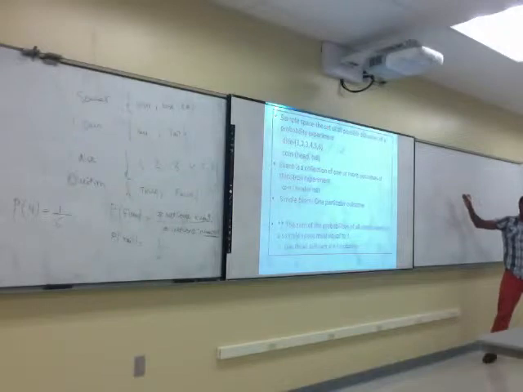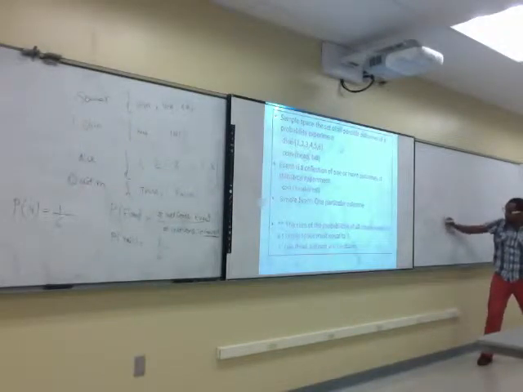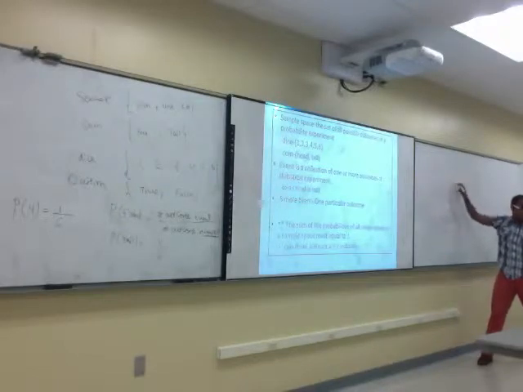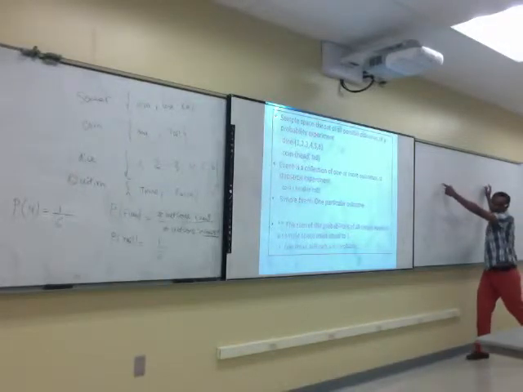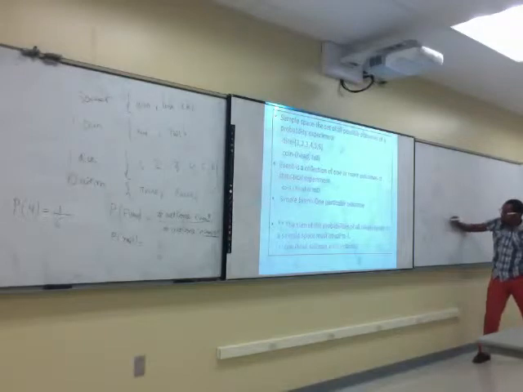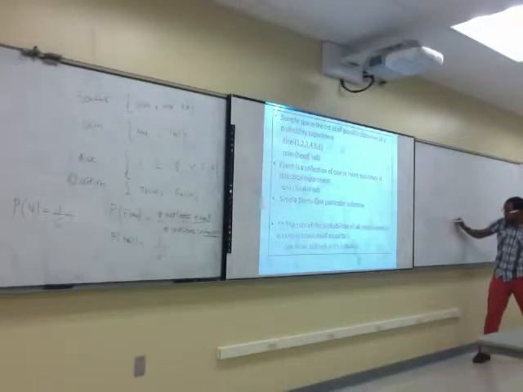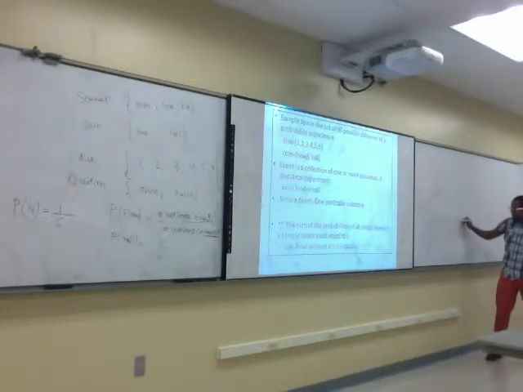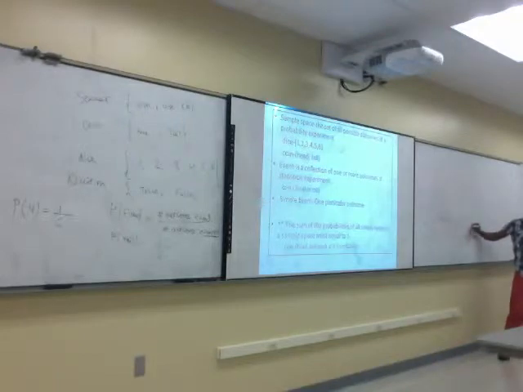So if I add 1/6 plus 1/6 for each event in my sample space, I should have 1, 2, 3, 4, 5, 6, so 6/6, right? So that is rule number 1 that you need to be very careful about when you do probability.